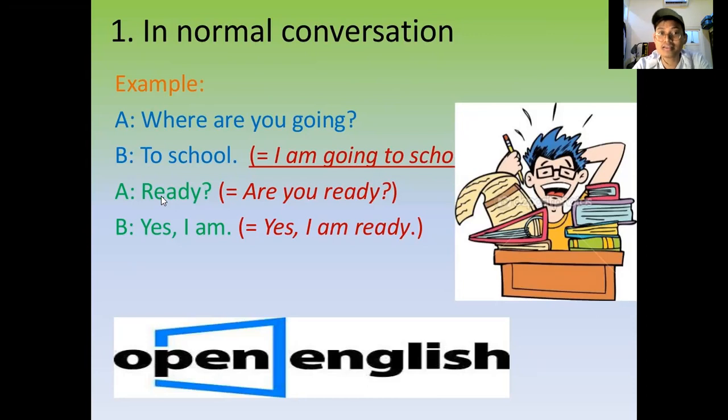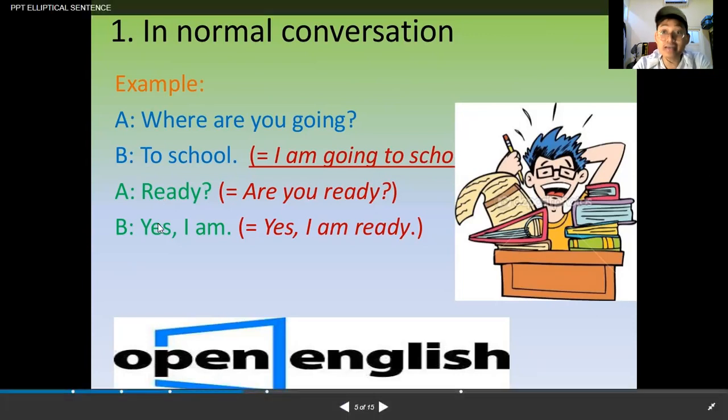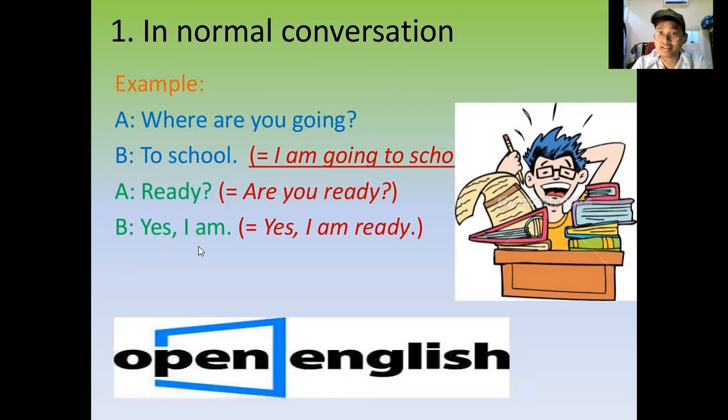So it's also omitting some words from the full version. Yes, I am, answered B. It's supposed to be, yes, I am ready. But instead, we only say yes or yes, I am, because it's too long. So these are examples of using elliptical sentences in normal conversation.